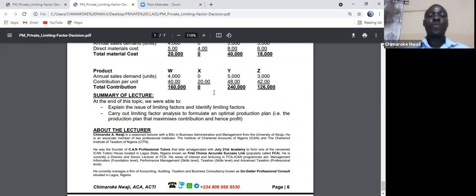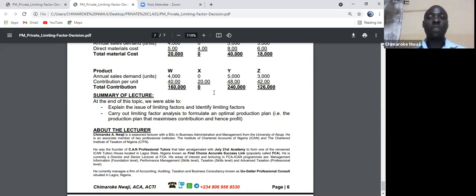Then we also carried out a limiting factor analysis to formulate a production plan, which gave rise to the 6 steps that we are playing with in this topic. For the sake of review, I will mention the 6 steps again. Step 1, calculate your contribution per unit.